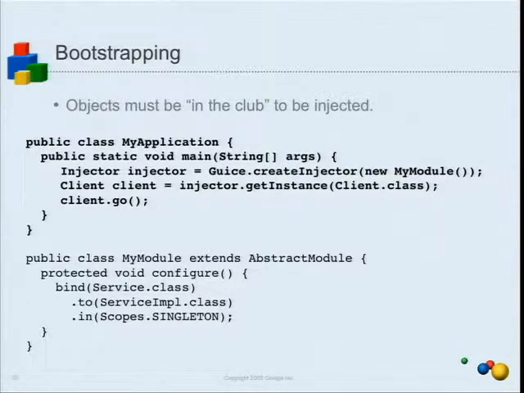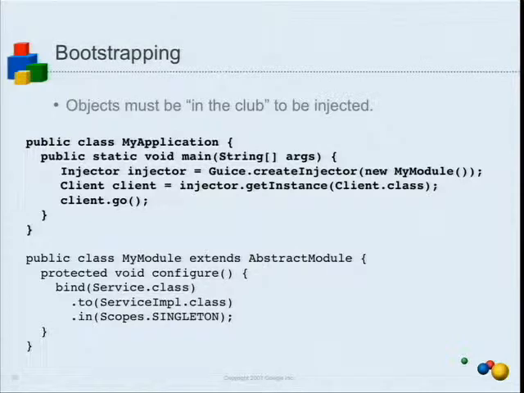This is the same module from our example, the module that says bind service to service simple. So we pass Guice the module, and then it gives us back an injector. And you can pass it any number of modules you want, and the modules can all be independent. Then we take that injector, and we say get instance of client.class, and Guice will give us an instance of client. It'll call that constructor, inject whatever client needs, and give it back to us.